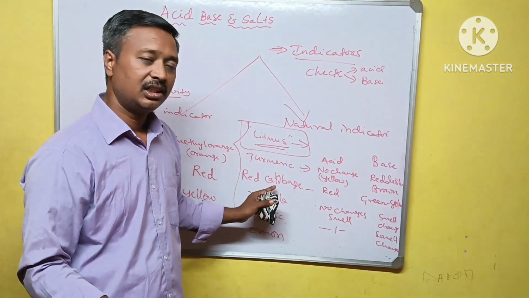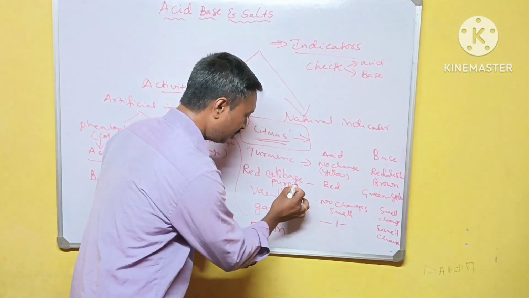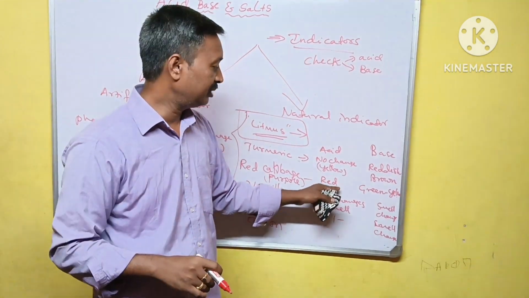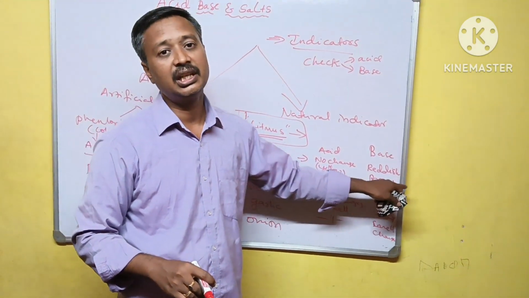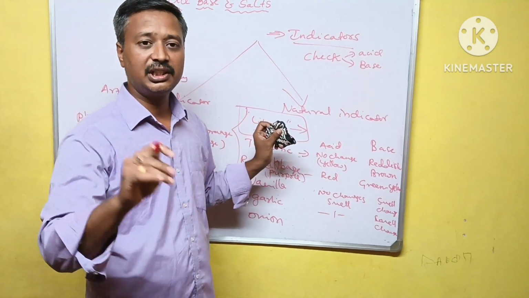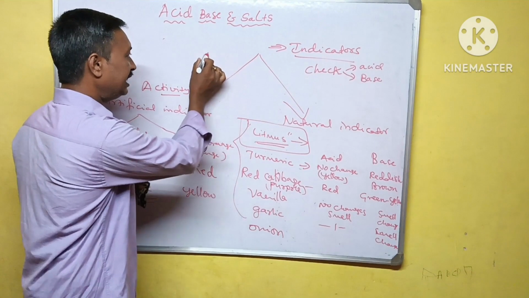Red cabbage is basically purple in color. When you pour acid on it, it becomes red. When you pour a base, it becomes greenish yellow. Any doubt? Which is the natural indicator? Litmus. Litmus is an extraction of lichen.